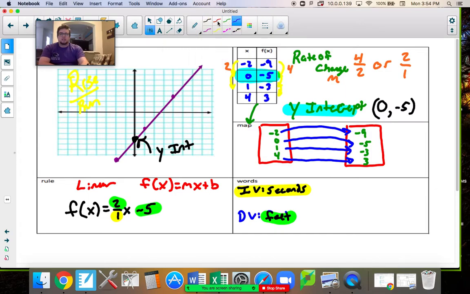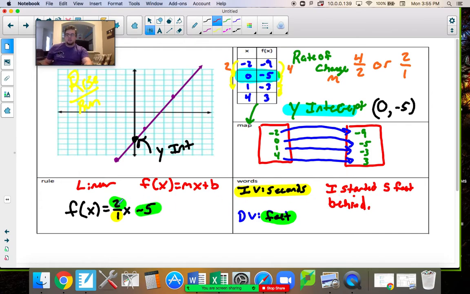So for instance, a potential sentence to explain what's going on in this story is, I started 5 feet behind. Maybe we're running a race. So I started 5 feet behind. Notice that I used our unit for our dependent variable, and I used 5, and I even explained why it might be negative. I'm behind.